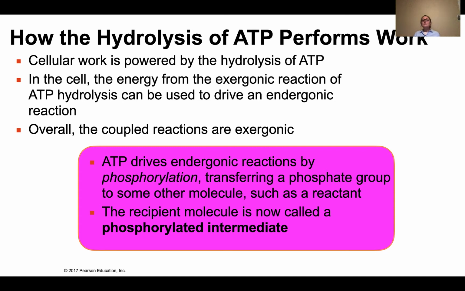And all of this happens by something called phosphorylation. Phosphorylation is just the name of transferring that phosphate group from ATP to some other molecule, like a reactant, in our next endergonic reaction. Whatever molecule receives that phosphate group is called our phosphorylated intermediate.